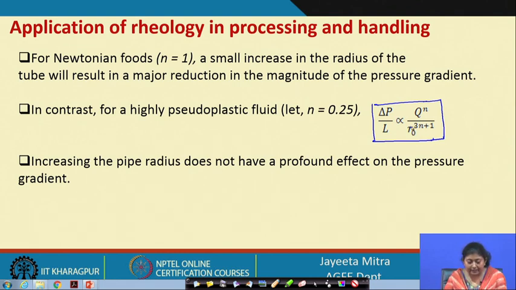Now, if it is a highly pseudoplastic fluid, where n is equal to 0.25, then increasing the pipe radius does not have a profound effect on the pressure gradient. These understandings are important, because when you are handling any fluid food in an industry and you want to design, you need to see what the pressure drop is, what the radius is, and what flow rate you want to maintain.